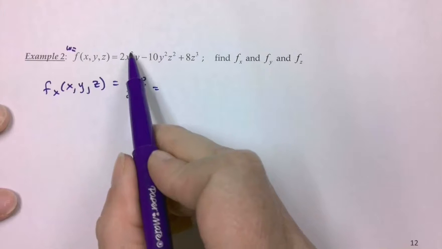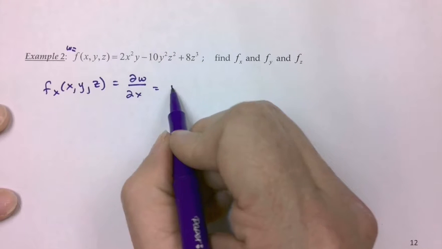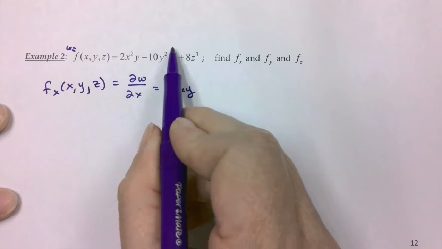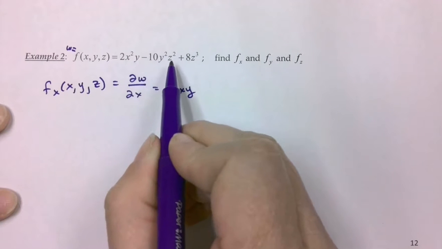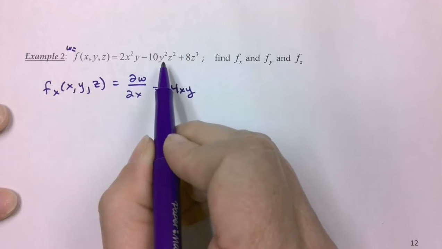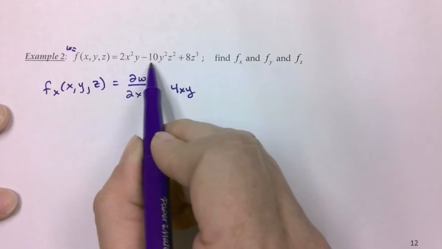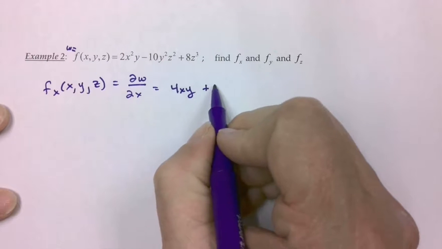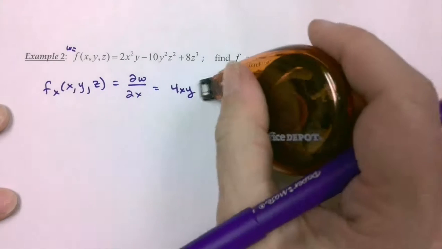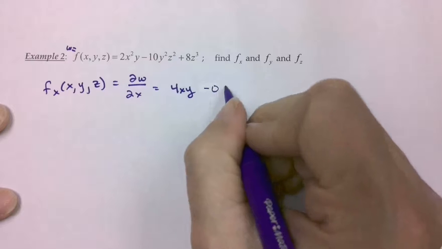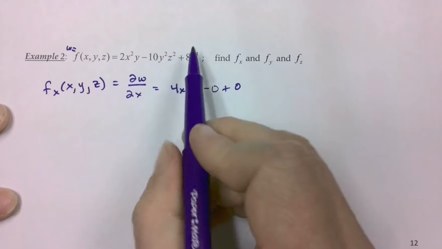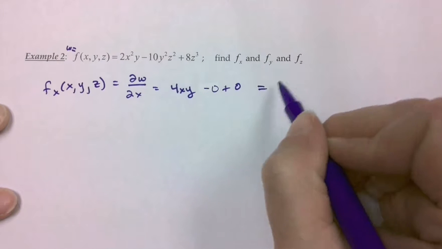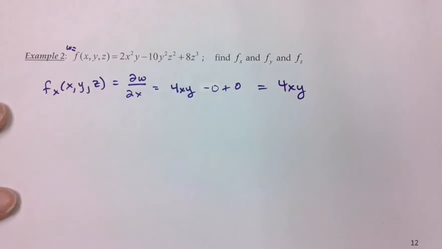Okay, so 4x for this bit, leave the y alone, minus, okay, this has no x's in it at all, which means as far as we are concerned, this is a constant, like a number, like 70 or something. So if this is 70, the derivative of it is 0, minus 0, plus another 0, because that whole thing is assumed to be constant. So it'd be 4xy for this.